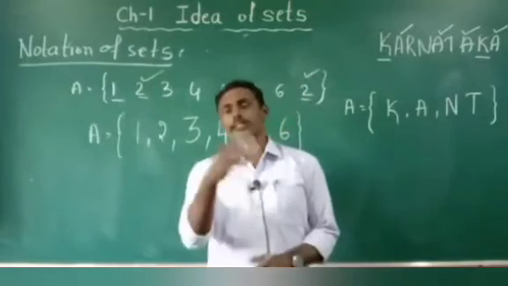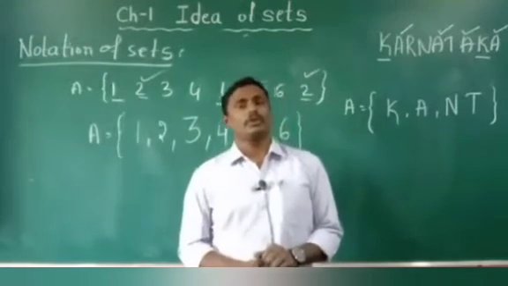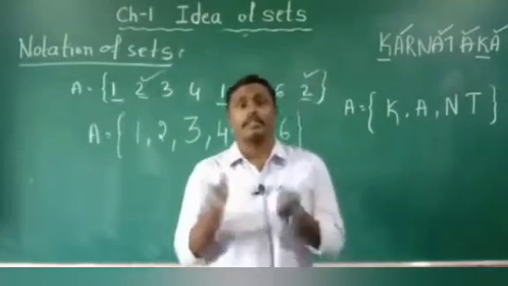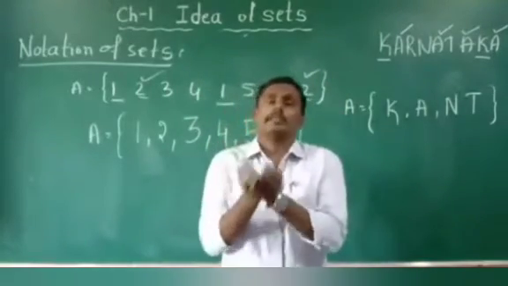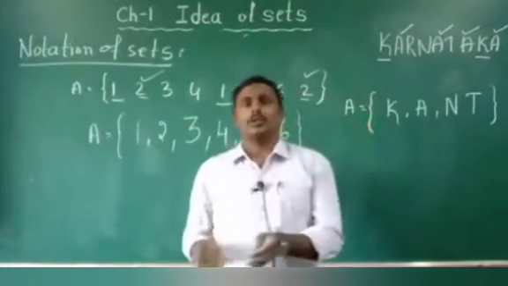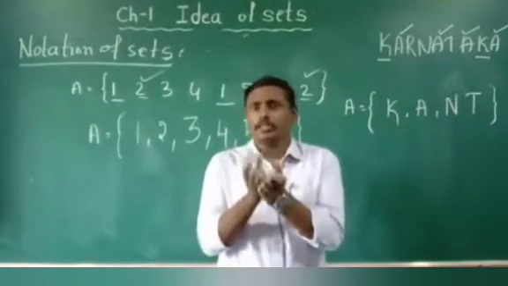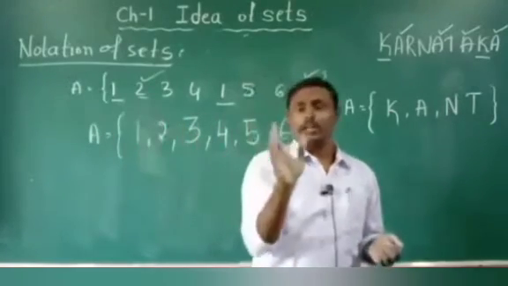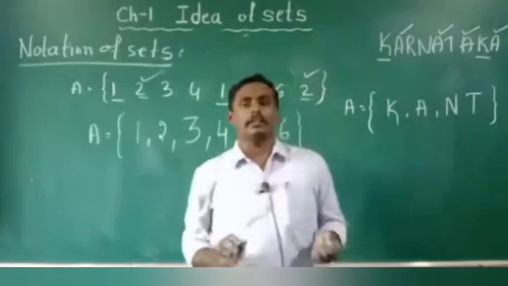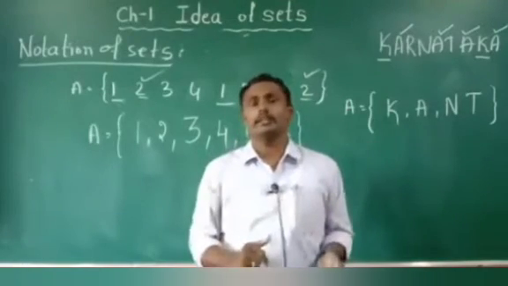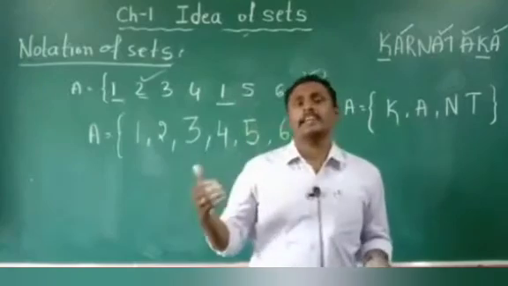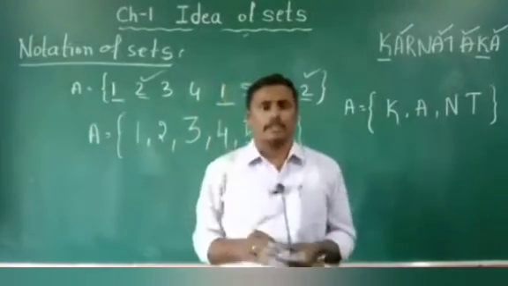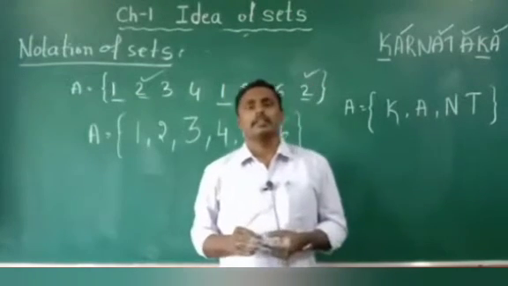In the next class we will discuss how we represent sets in both methods. In the roster method we write all the individual elements of the set, whereas in the rule method we write one specific statement or condition satisfied by the given objects. Okay, we will discuss in the next class.